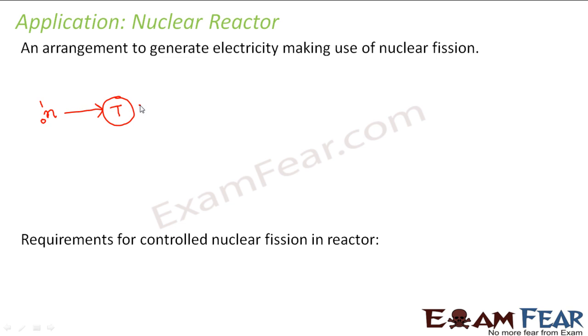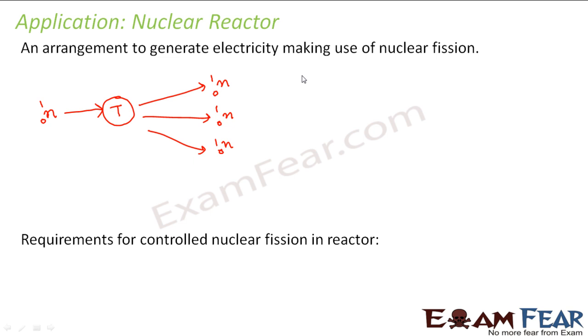Daughter nuclei are formed, and along with the daughter nuclei, 3 neutrons are emitted. Now these neutrons which are emitted will again hit some other target and give rise to a nuclear fission reaction.